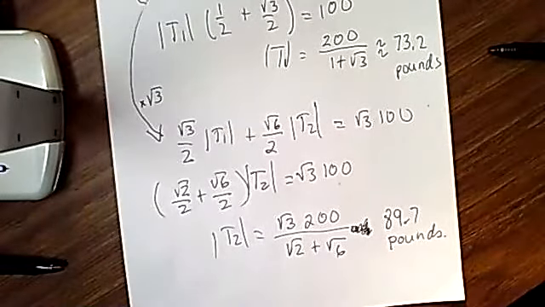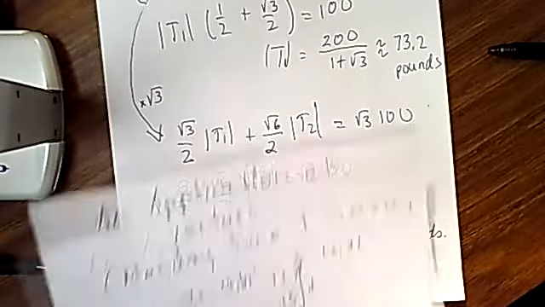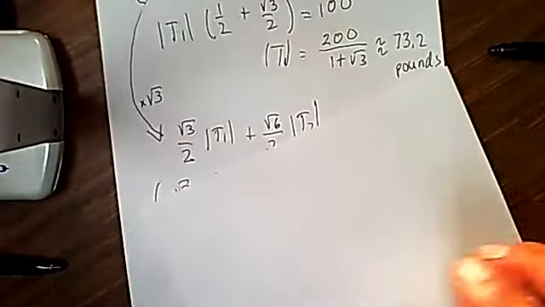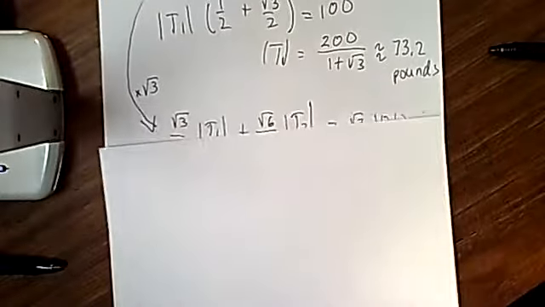Oftentimes, we want to know the actual vectors. But now that we have this, it is easier to figure out the actual vectors. Let's go back to this sheet where A, so let me take this off the table for the view.